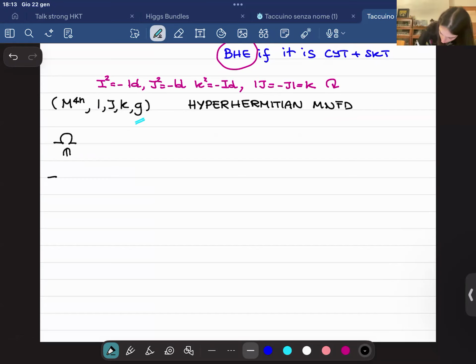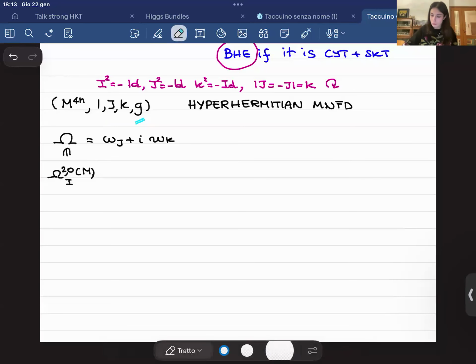This is just a (2,0)-form with respect to the complex structure I. So let me write the I in the bottom. And I can cook up omega by writing omega_J plus i omega_K, where omega_J and omega_K are the Kähler forms of Jg and Kg. Sometimes in the literature you can find 1/2 of this, but it's not really important for us.